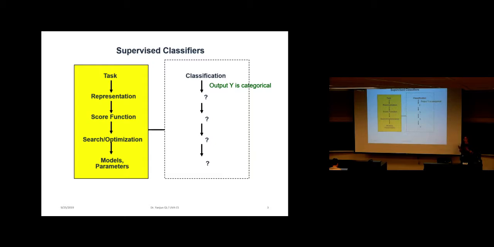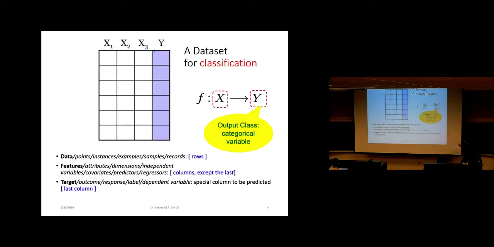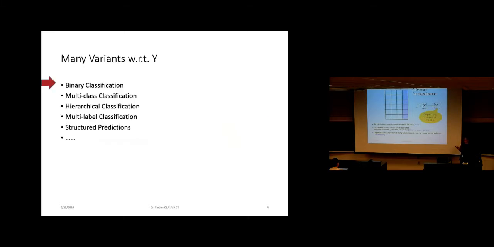In the end, if you know what the reinforcement learning formulation is, you can use supervised learning as a module there. All right, so Y is categorical, but there are many variations of Y.